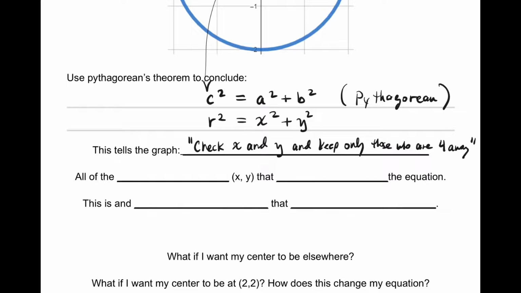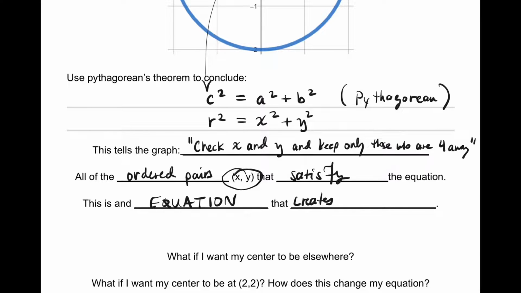All of the ordered pairs x y that satisfy the equation. This is an equation, not a function, but an equation that literally creates the circle.